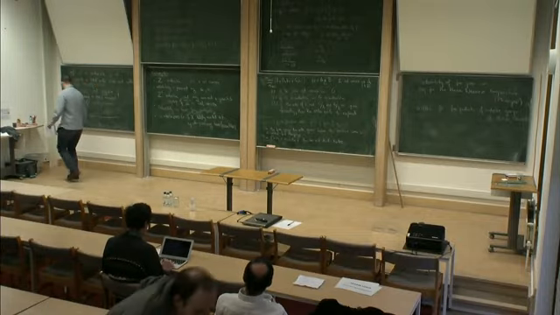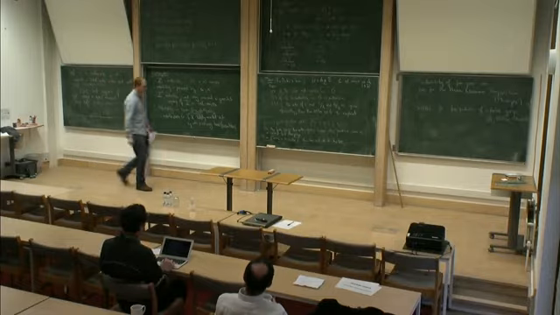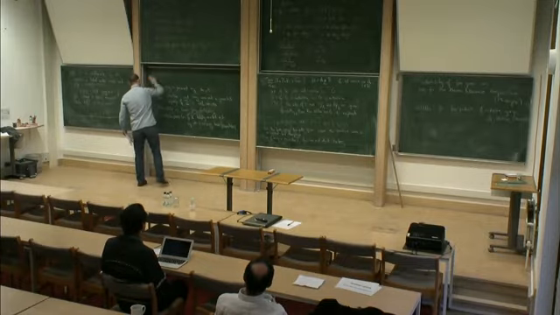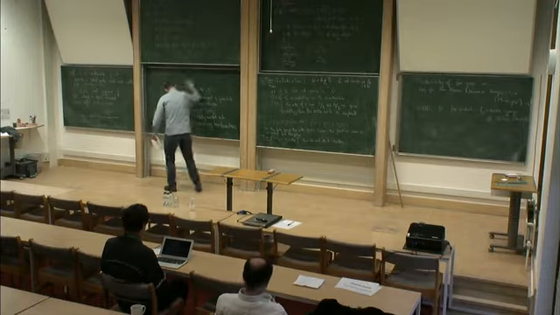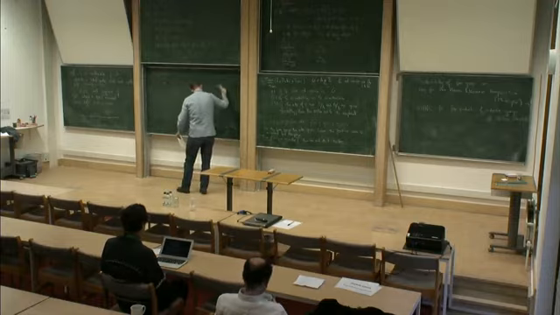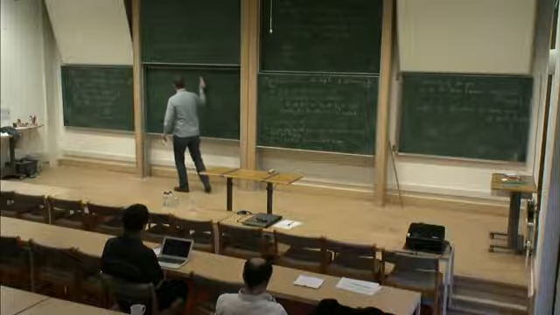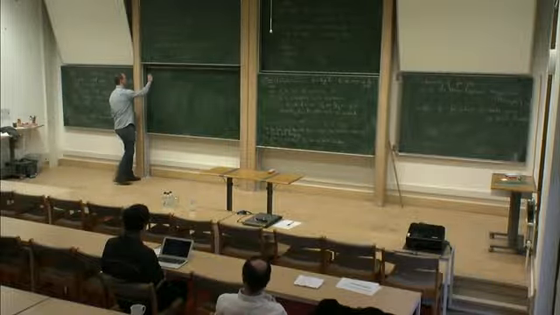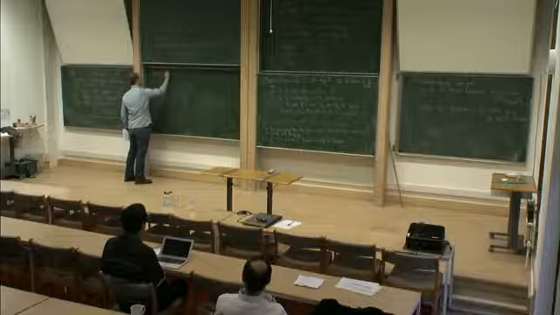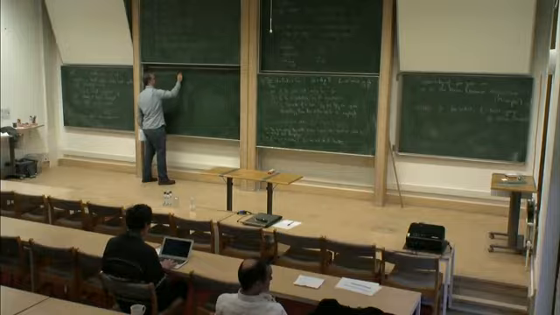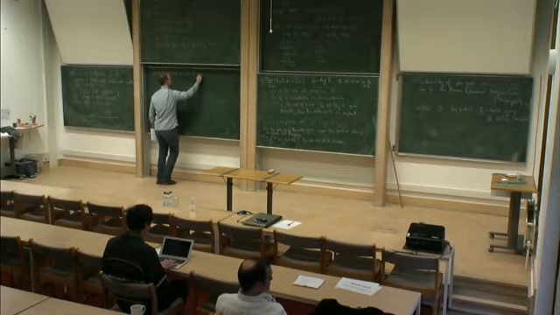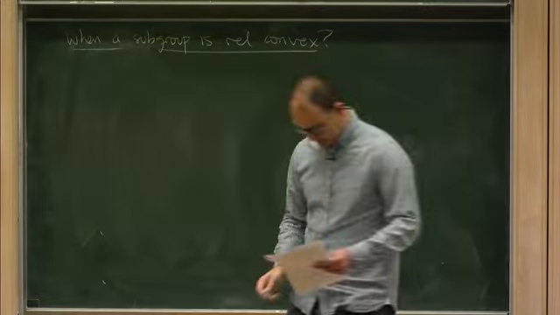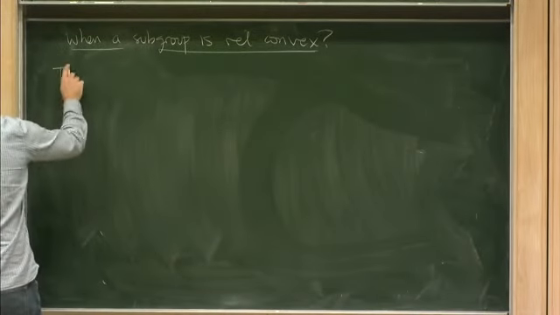So how do we find convex subgroups? Let me remind you of some old theorems.